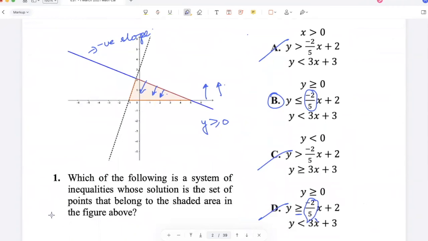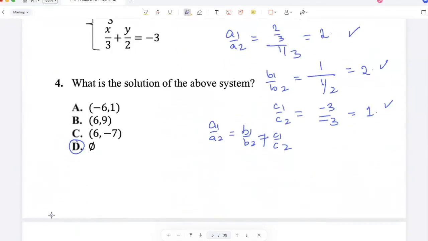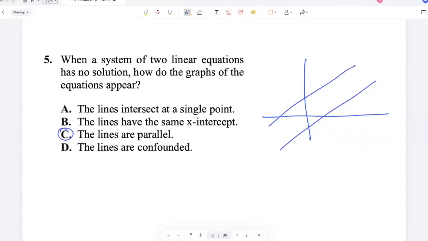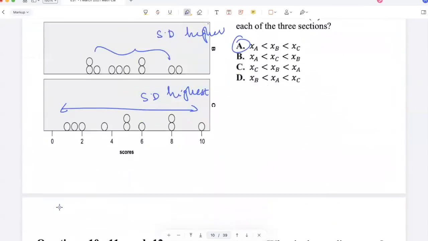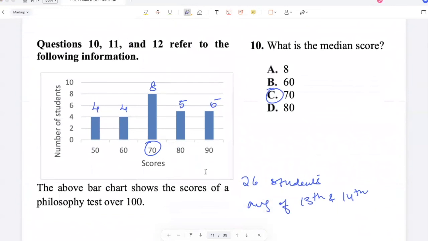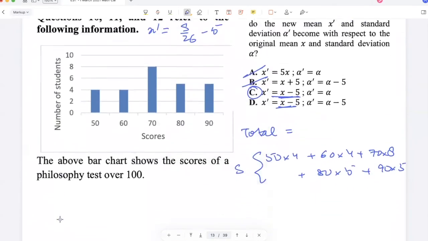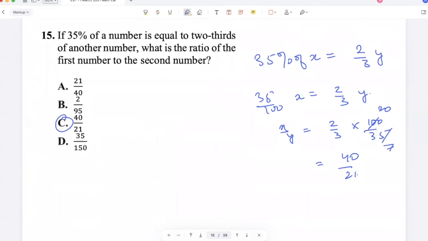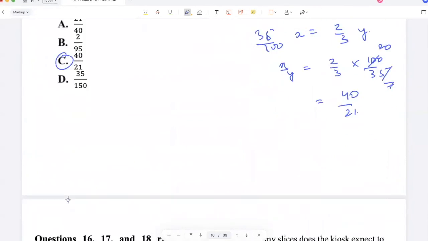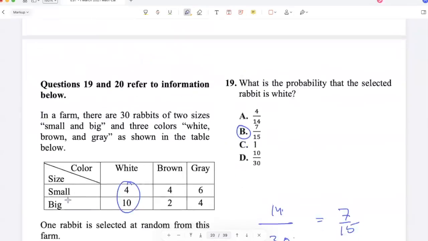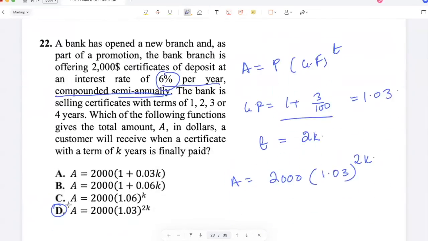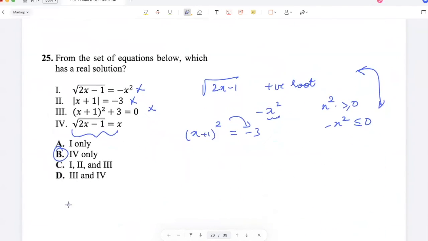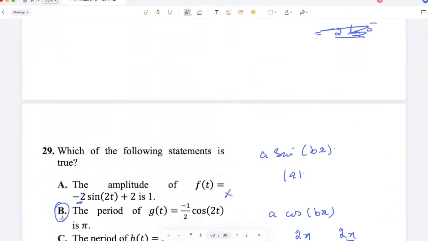Okay, BABDC, number 6, BABAC, 11 ACDCC, 16 BCABC, 21 DDCBB, 26 BDBBB.